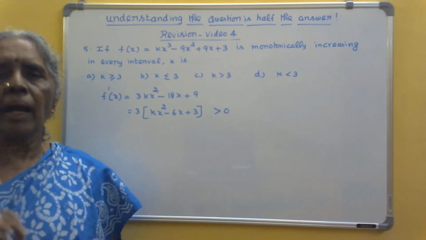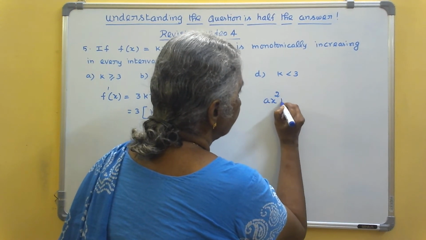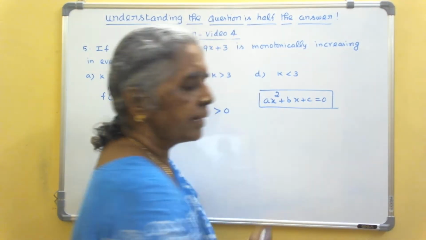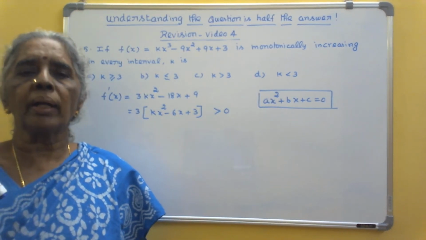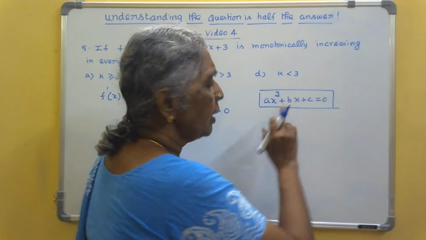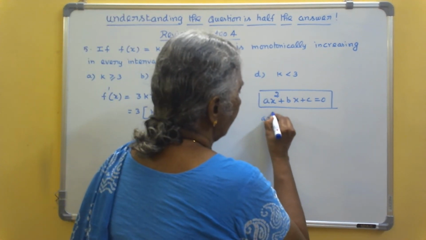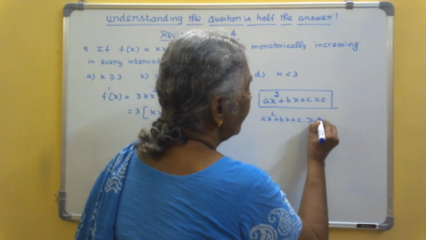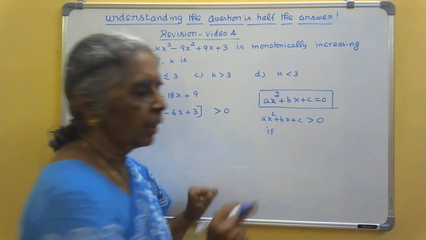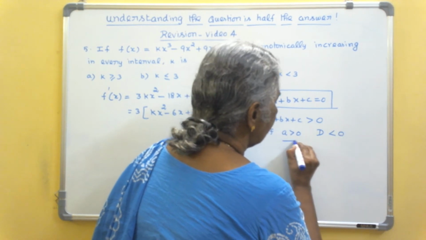Now for that, I will tell you one concept. A general quadratic equation is ax squared plus bx plus c is equal to 0. In that, this expression ax squared plus bx plus c will be greater than 0 if there are two conditions: A greater than 0 and D less than 0.